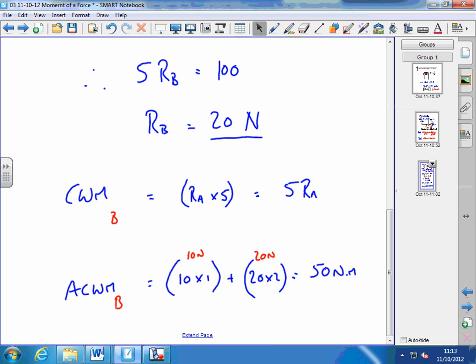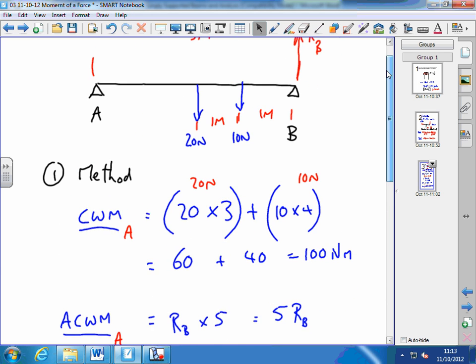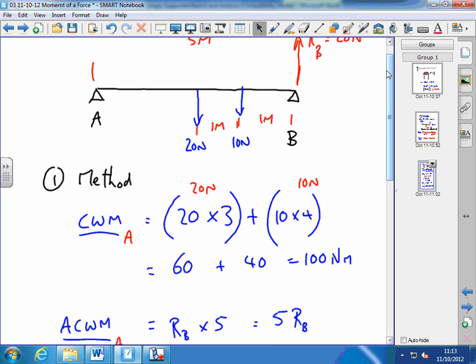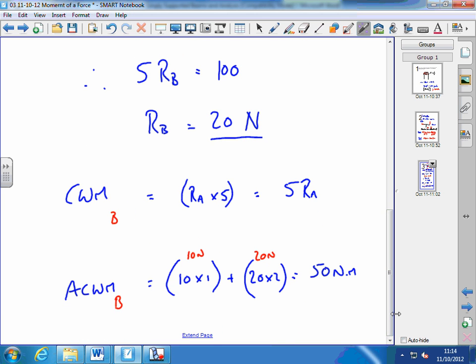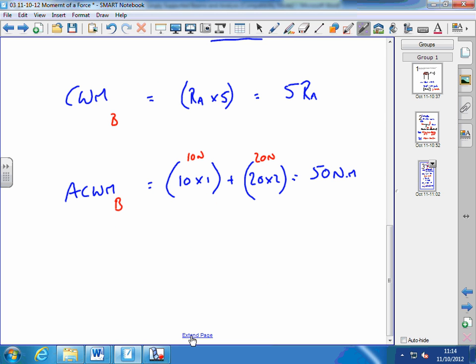So hopefully you got that the clockwise moments is just the reaction at A times 5 meters, and that the anti-clockwise moments this time will be 10 newtons times 1 meter, which is the distance from this pivot at B, plus 20 newtons times by that distance, which is 2 meters. Okay? And then you get 50 newton meters altogether. So the next step, put them equal to each other.